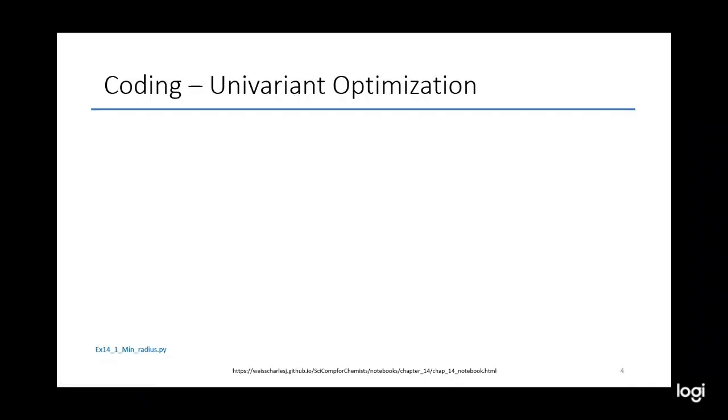Now, let's walk through an example related to potential energy calculations. Shown here is the Lennard-Jones equation, which describes the potential energy as a function of distance r between two atoms. This equation serves as the objective function for our minimization problem.